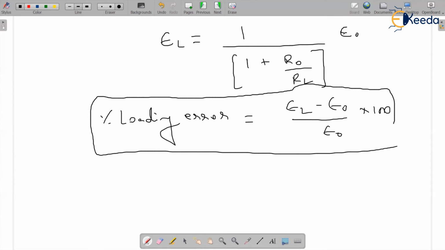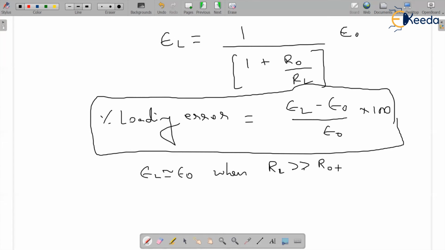The meaning of it is measured value minus true value by true value into 100. So I can always say the measured value EL is approximately equal to E naught when RL is greater than R naught.